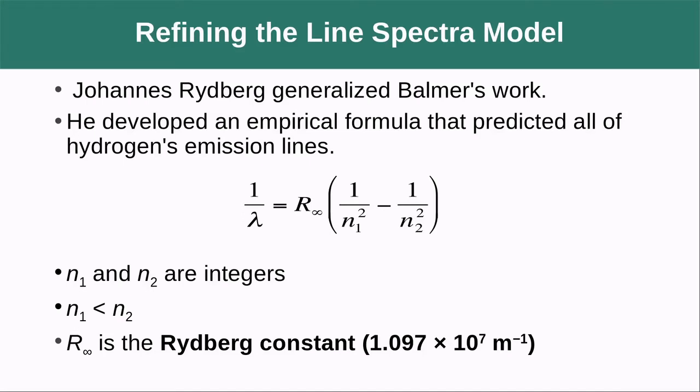But a guy named Rydberg comes along, looks at Balmer's work, and he's able to develop an empirical formula that predicts all of the emission lines, where he now has his constant that he pumps in here, and using his constant he's able to have 2 different n values, where both of these n values are integers. n1 is always less than n2, and we are able to now get all of the possible predicted hydrogen emission lines.